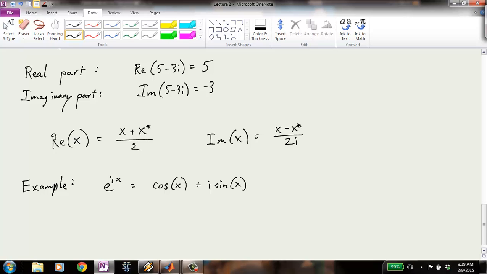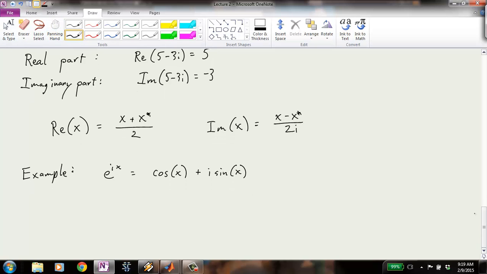And of course, from this identity, we know the real part is cosine of x, and the imaginary part is just sine of x. So let's use the formula above for cosine of x. As we know, that's the real part of e to the ix, but let's get this in a different form. That means the real part of a number is that number plus its conjugate over 2. So 1/2 e to the ix plus e to the negative ix.